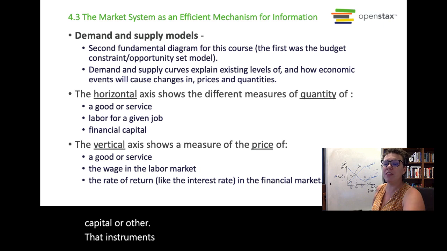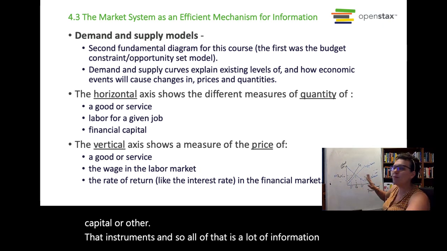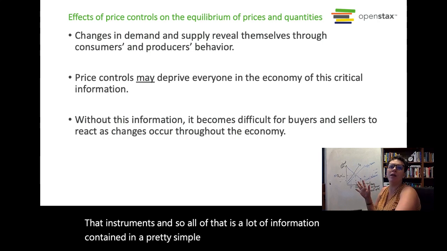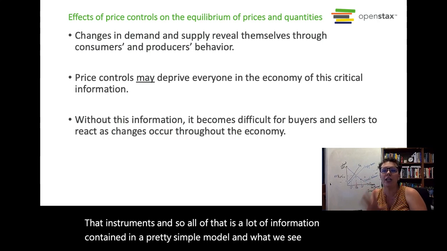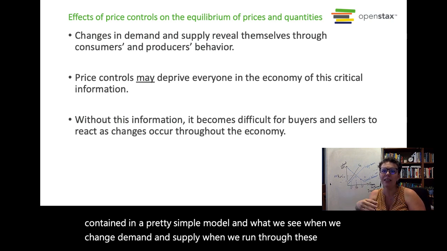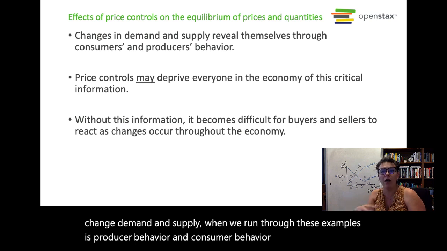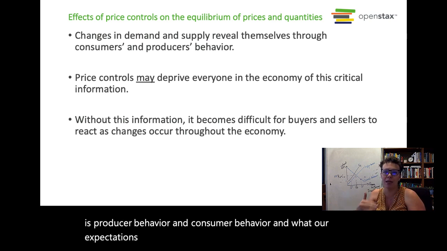That's a lot of information contained in a pretty simple model. And what we see when we change demand and supply, when we run through these examples, is producer behavior and consumer behavior and what our expectations about those can be.